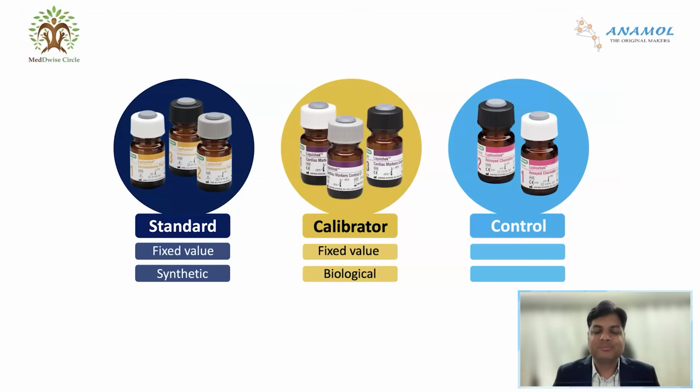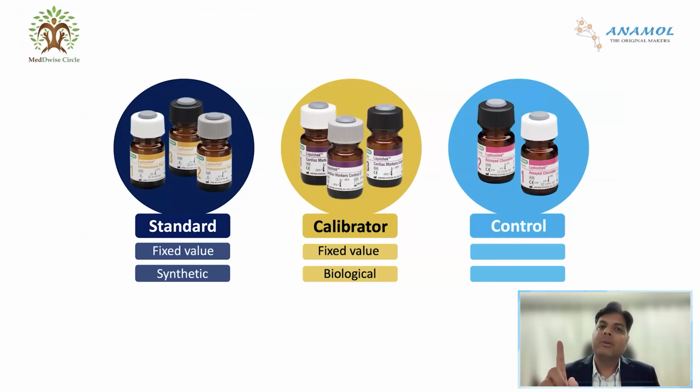patients, healthy people. And then I mix the serum of all these 10 people and I mix it in such a way that the serum is homogeneously mixed. And then when I calculate the value of glucose in that particular serum, that value of glucose is fixed.